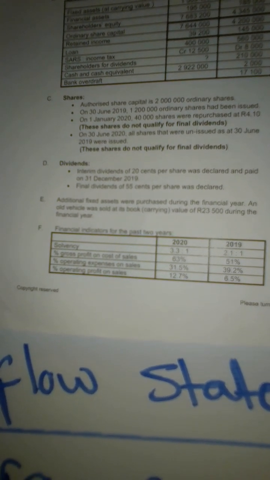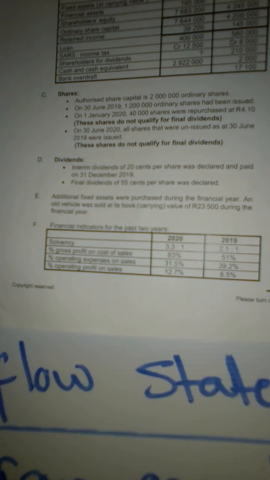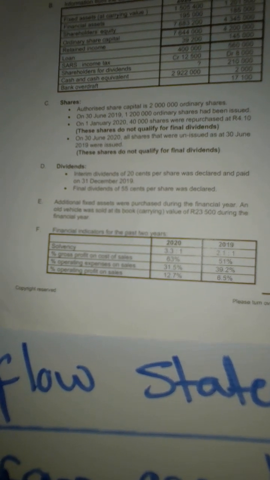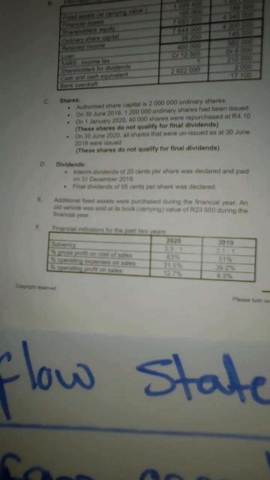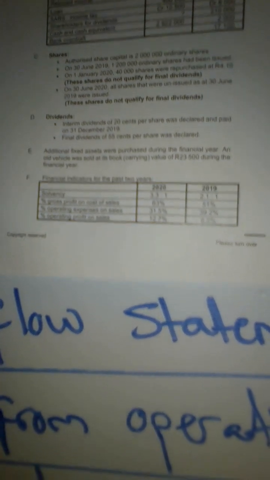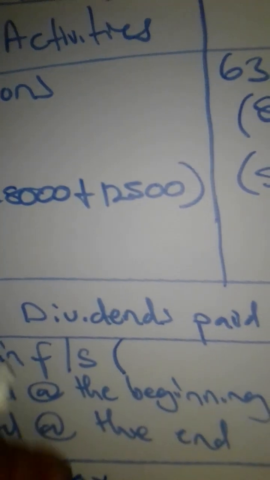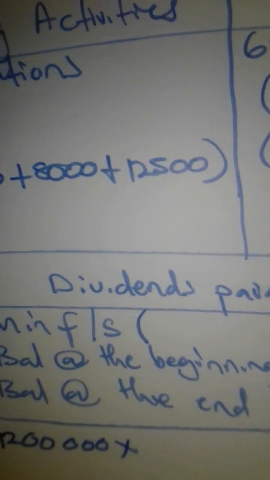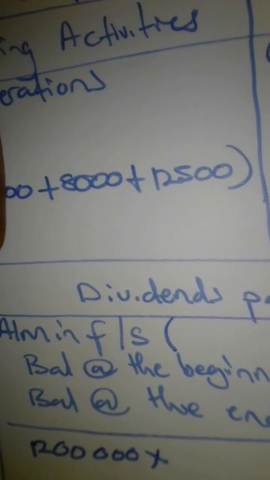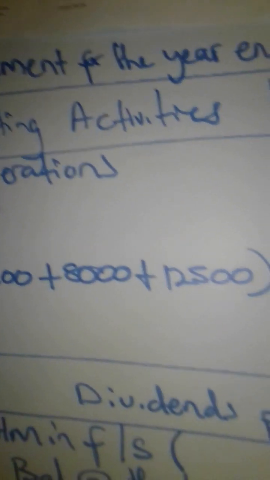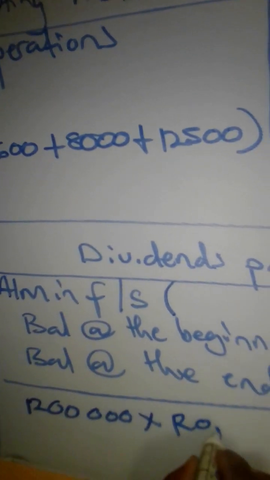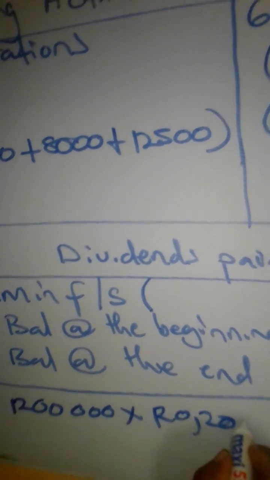Let's calculate exactly how much our interim dividend is. 1.2 million multiplied by the price per share, 20 cents, would give us how much?